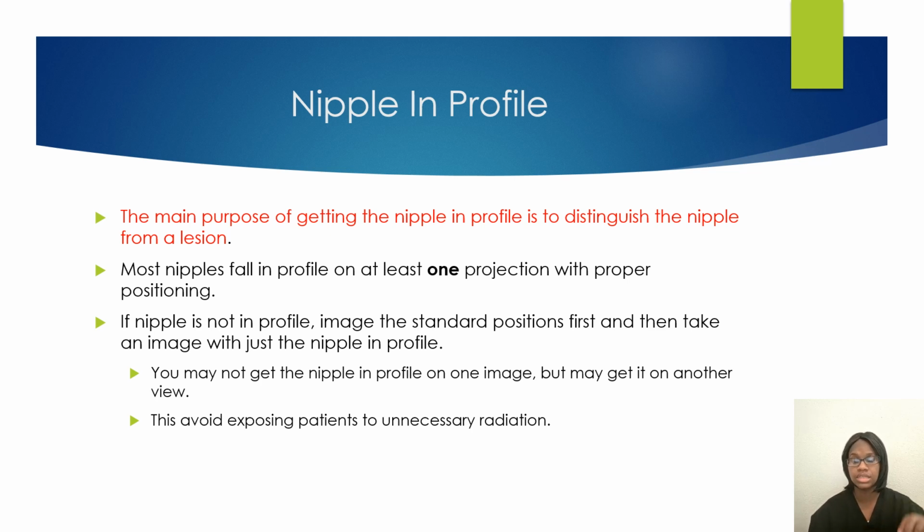Make sure the detector is not too low, not too high. If you absolutely cannot get it on the image, maybe it has something to do with the patient's body habitus, because sometimes the nipple can roll under the breast. So just retake the image, and check with the radiologist if they want it in 3D or 2D. Most radiologists I know just want the image in 2D.